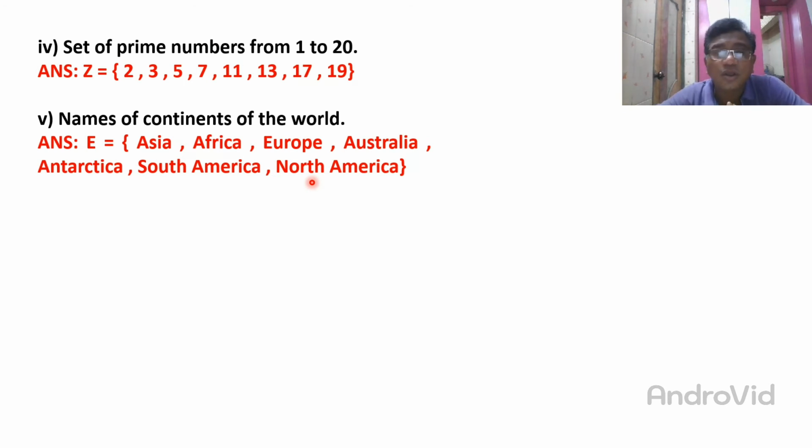This is the continents of the world, which in Marathi we call khand: Asia, Africa, such a way. So first we write Asia, after that Africa, then Europe, Australia, Antarctica, South America, and North America.